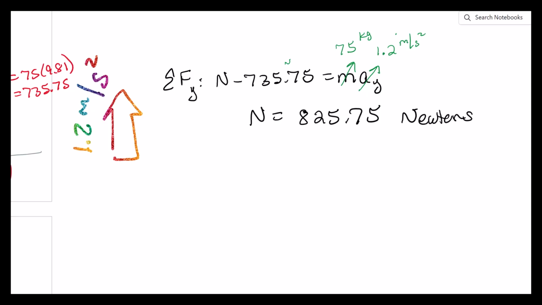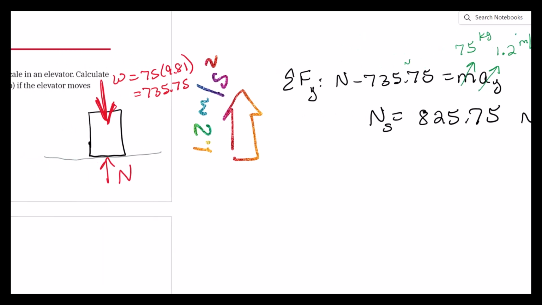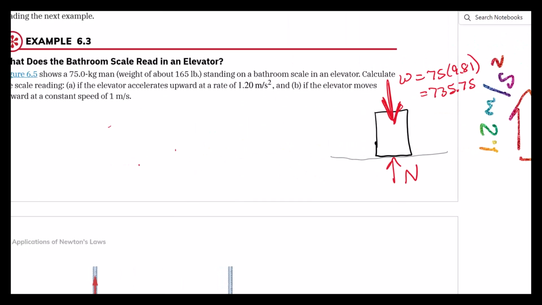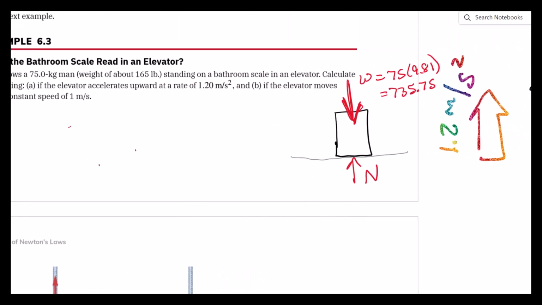Newtons. Or if that really bothers you, it bothers me sometimes. So normal force of the scale, 800 and something newtons. Even though his weight is only 735 newtons, the floor is feeling his weight at 825 newtons.